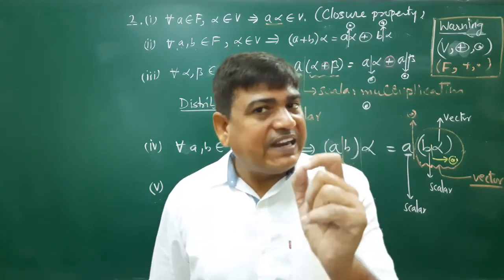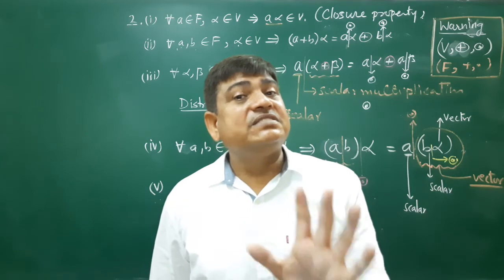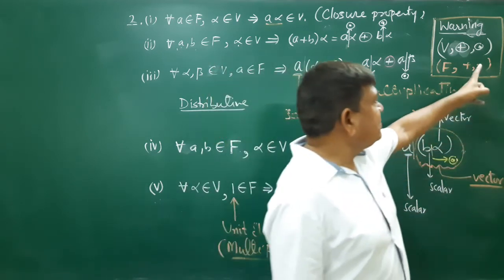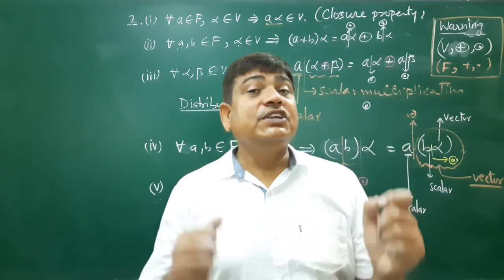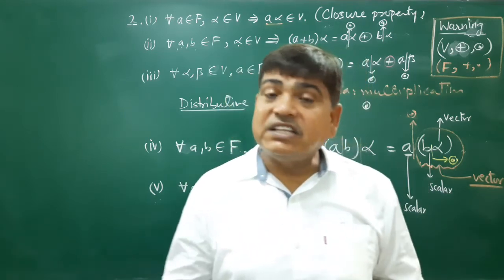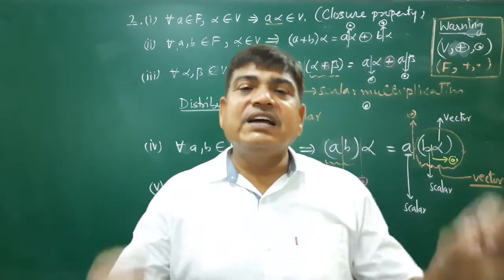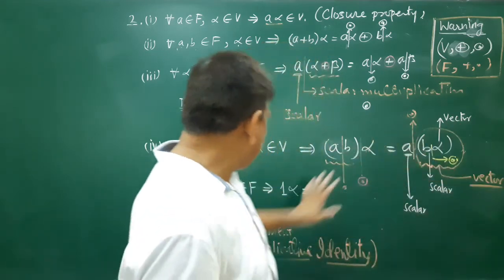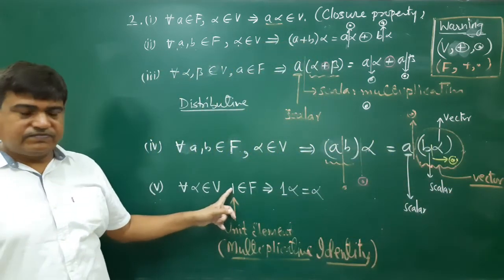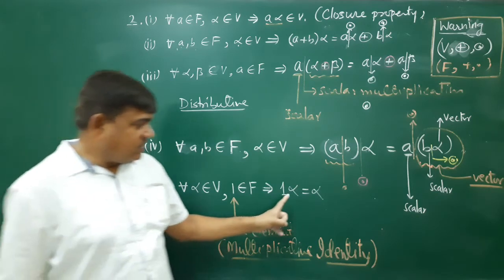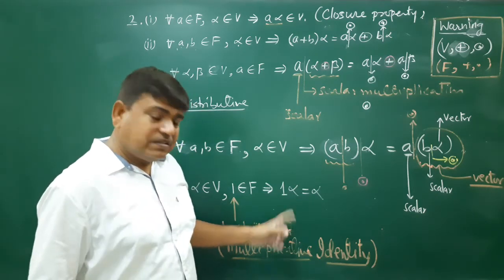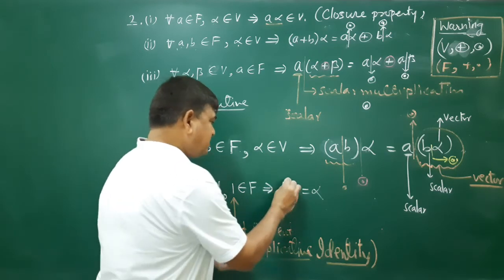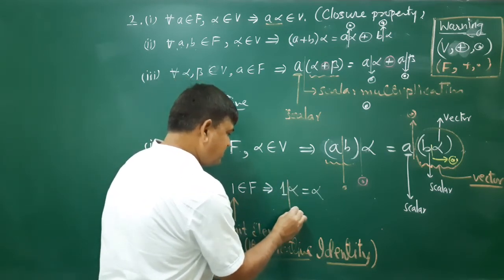The additive identity is known as 0, and the multiplicative identity is known as the unit element. Here it is this 1. So alpha is a vector, 1 is a number, so it is scalar multiplication. So the symbol is used.